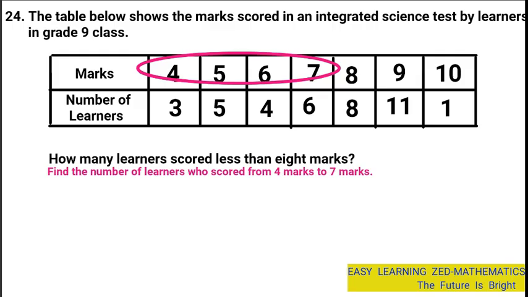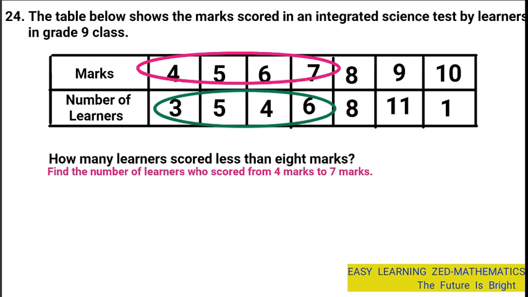And then we also need to identify the learners who scored less than 8 marks. Those are the numbers I've circled in green.